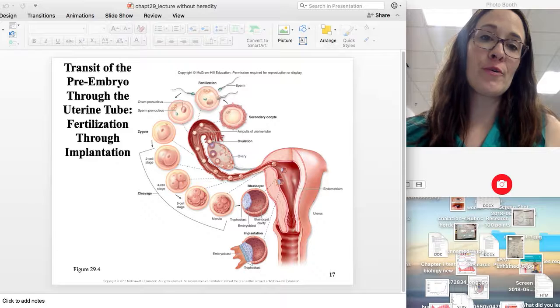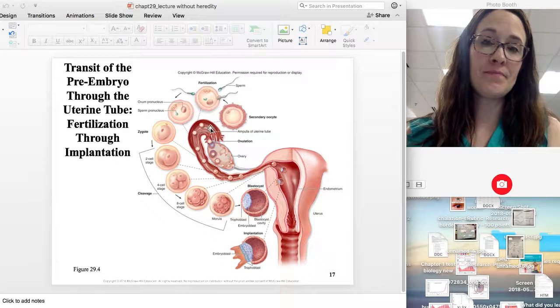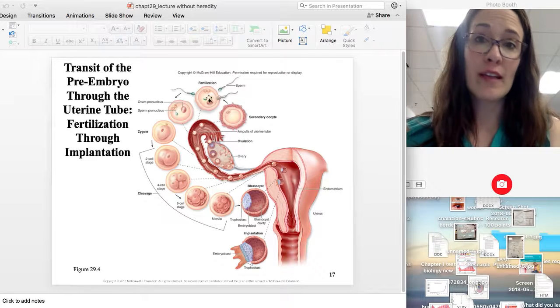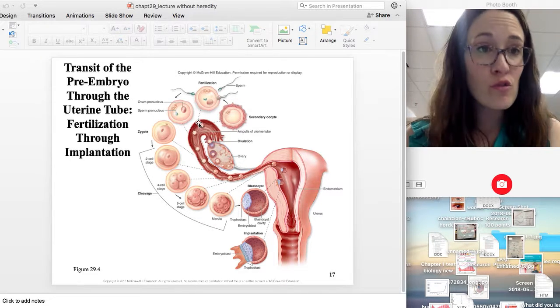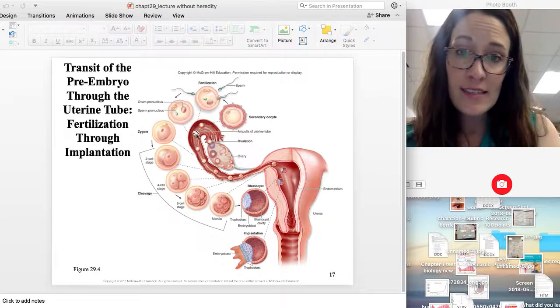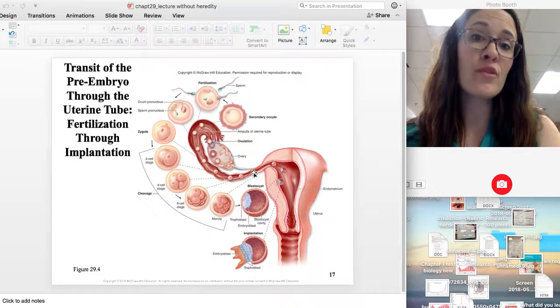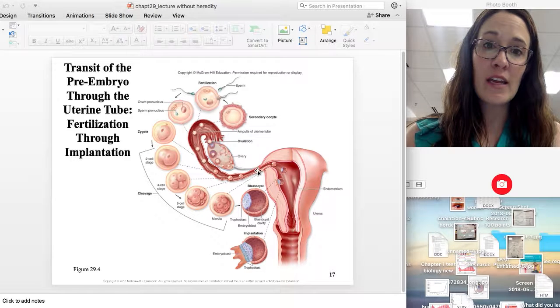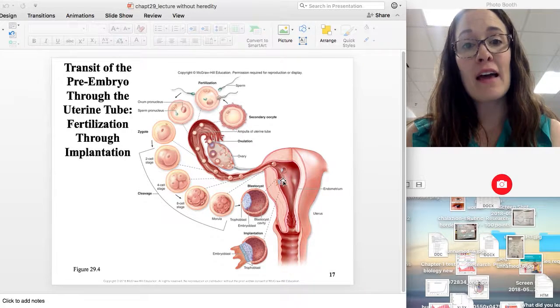What this picture shows is the female reproductive system and where these cells are located. Fertilization takes place in the uterine tube. And then as that cell moves through the uterine tube, we see these cleavage stages, the morula right here, and then the blastocyst.